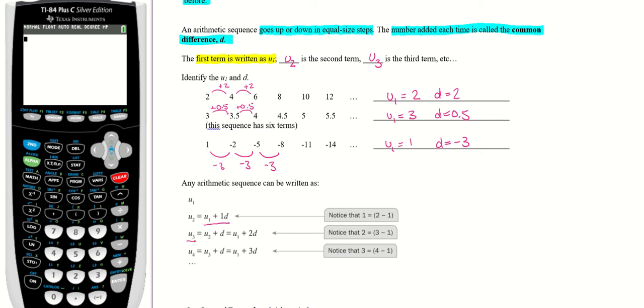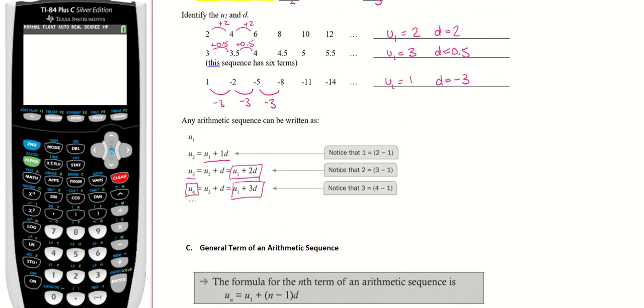To get U3, you take U2 and add D, which is the same as taking U1 and adding 2D. To get U4, you take U1 and you add 3D. So you're always taking U1 and adding one fewer D than there was in the term you're looking for. So if you're looking for term 4, you only add 3D.